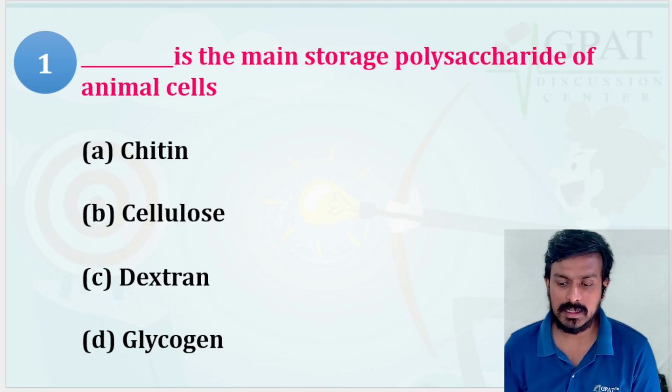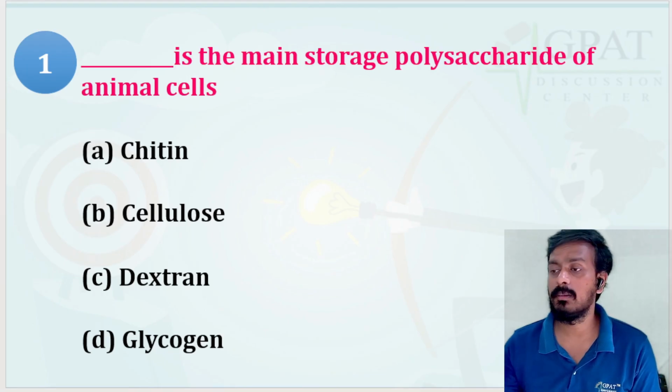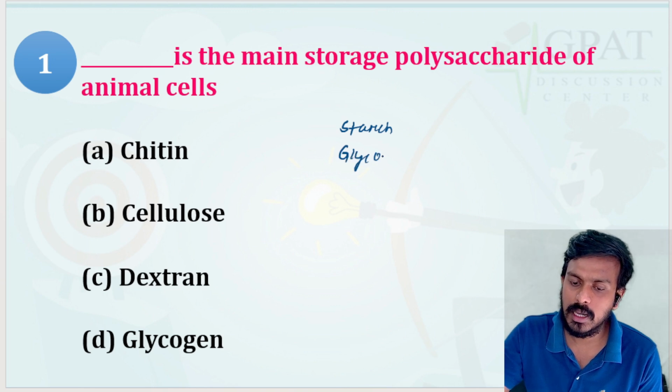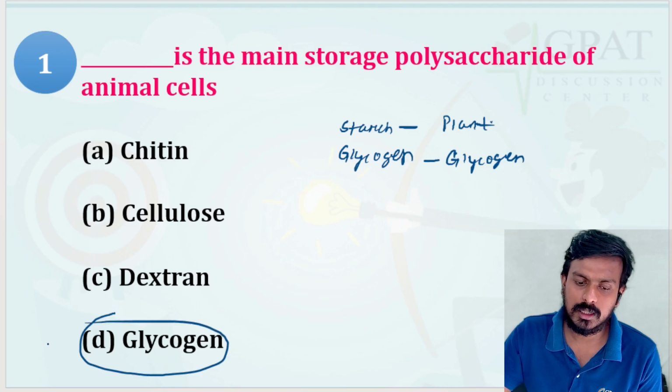The question is about animal, so remember, one is starch, another is glycogen. Starch is the storage form of polysaccharide in plants, and the storage form of polysaccharide in animal cells is glycogen. So the correct answer is glycogen.